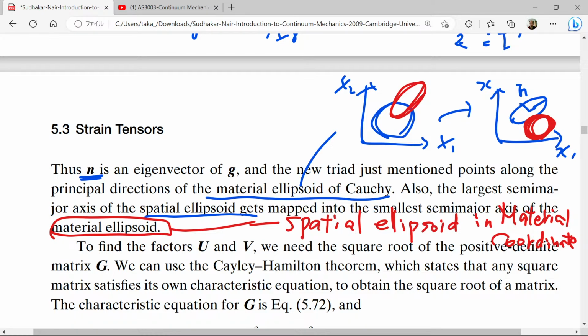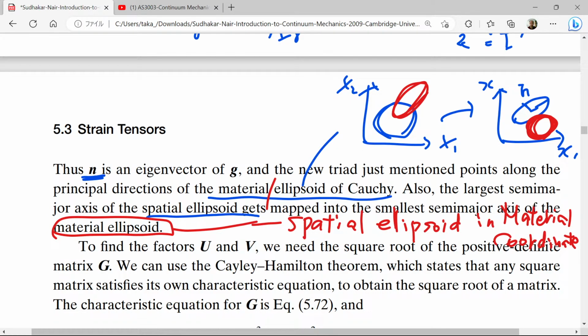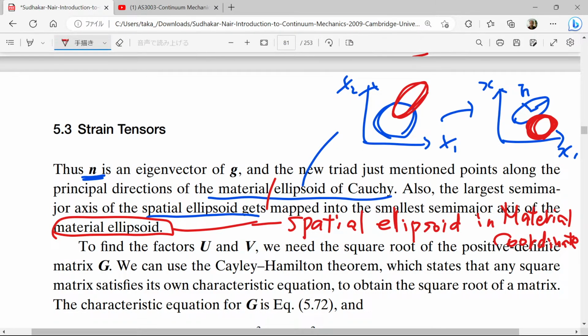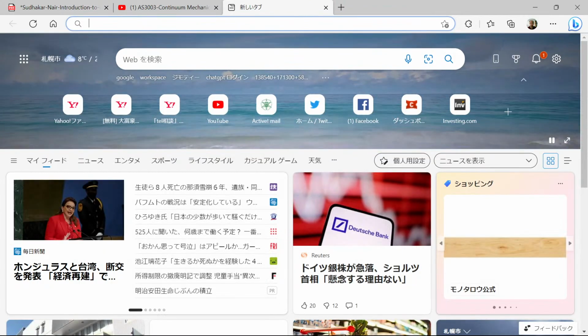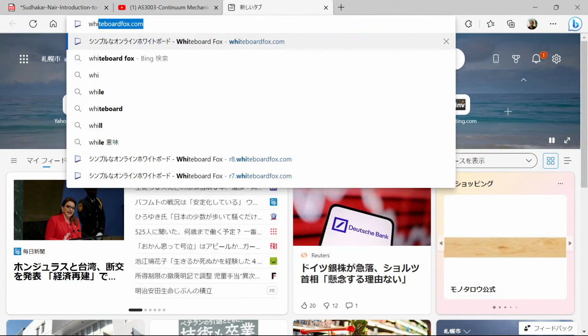And the material ellipsoid in spatial coordinate is an ellipsoid. Do you agree? I don't know. I hope I'm not wrong. So let me see. Let me write it down.